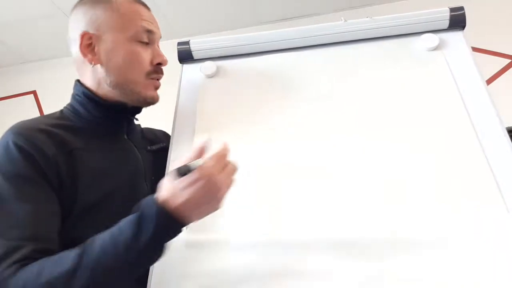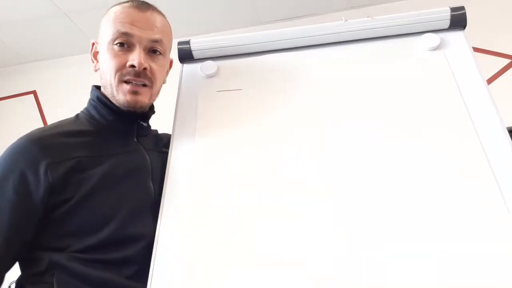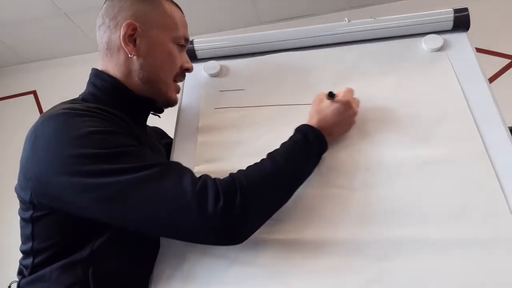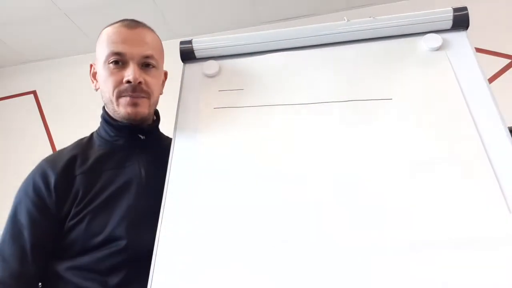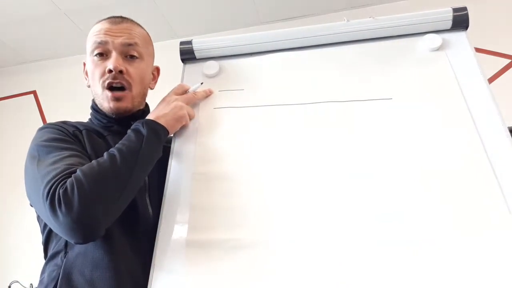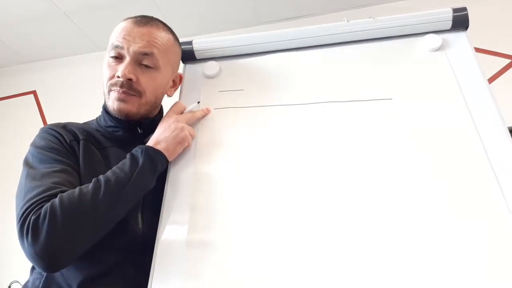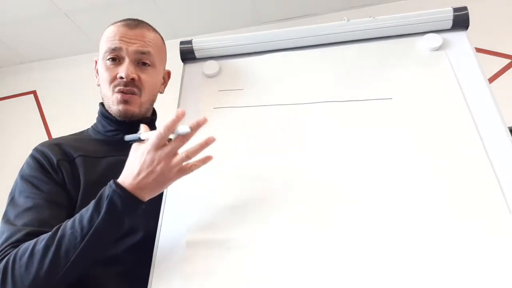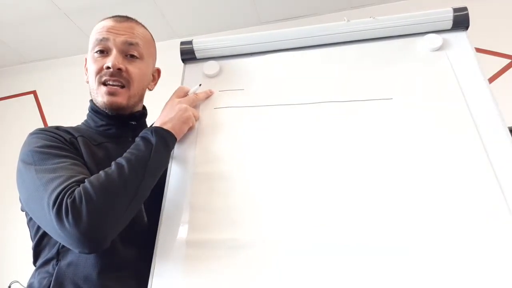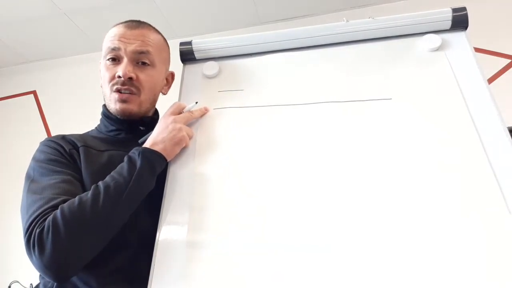So for example, if I draw a short line there, and then I draw a longer line there, for me that could mean a short sound, and that could mean a long sound. In my graphic score, I've decided that a short line like this is a short sound, and this is a long sound.